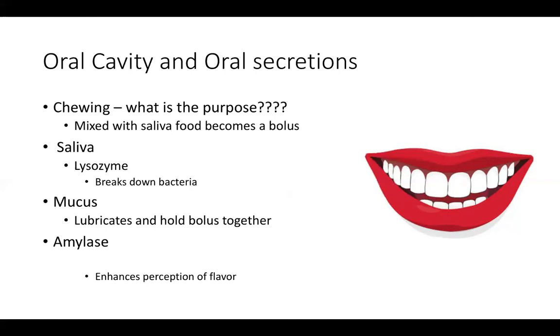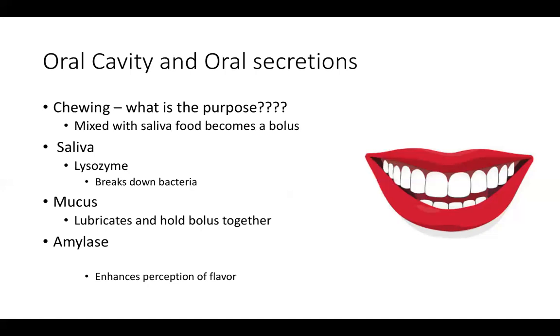Saliva is a secretion from our mouth and contains different enzymes. One is called lysozyme, which helps break down bacteria on our food. Mucus is secreted in our mouth, and mucus helps lubricate and hold the bolus together. So remember, the bolus is kind of a clump of food.